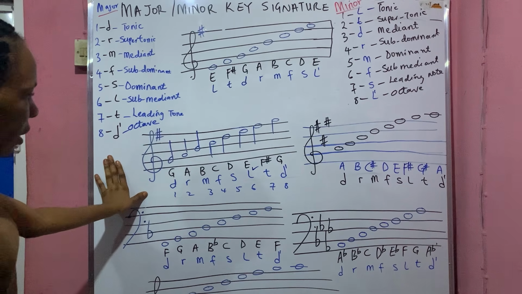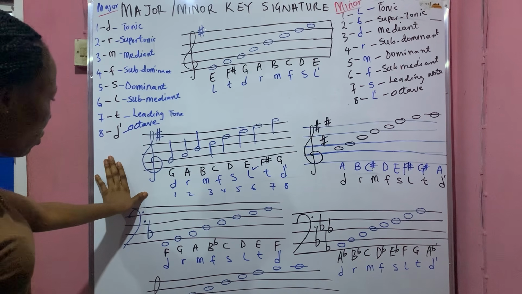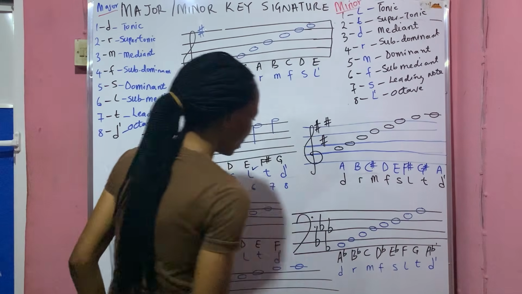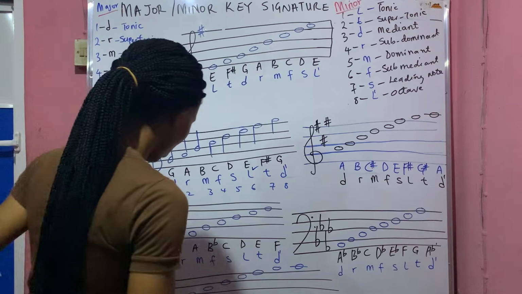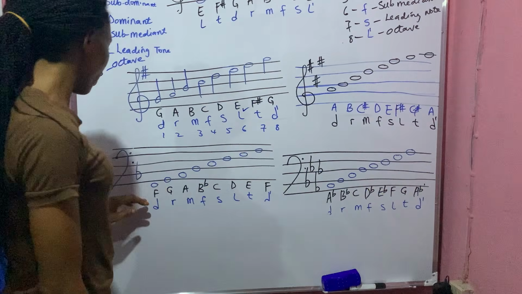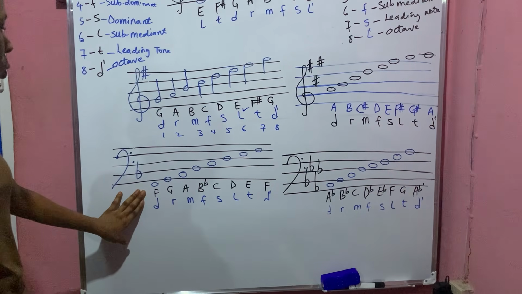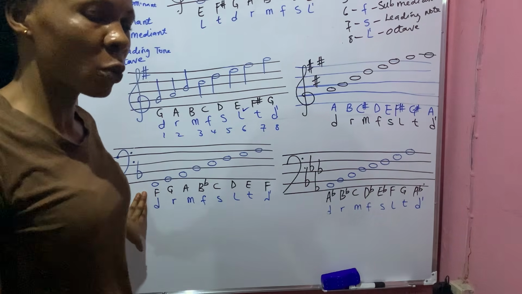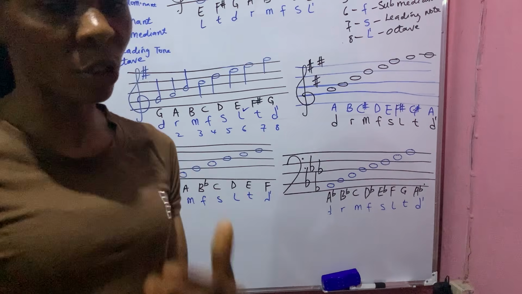Now let's try out F. Okay, let's try F major, and then after F we do A. So this is the key of F, which has one flat, right? The key of F has one flat because F is the tonic.